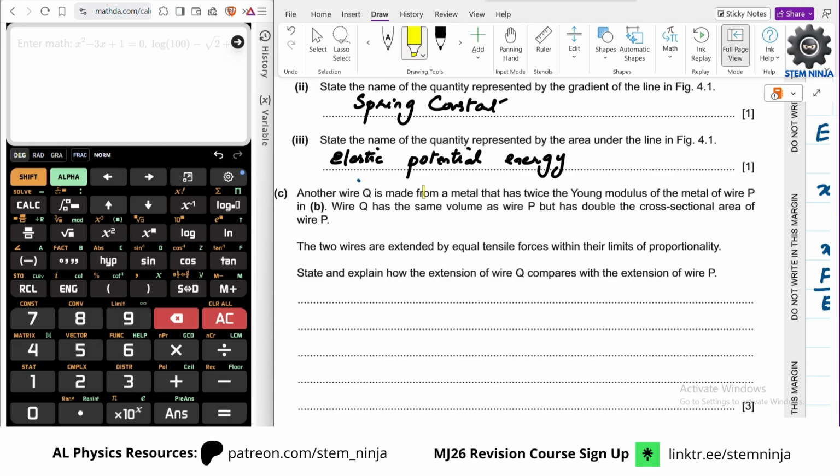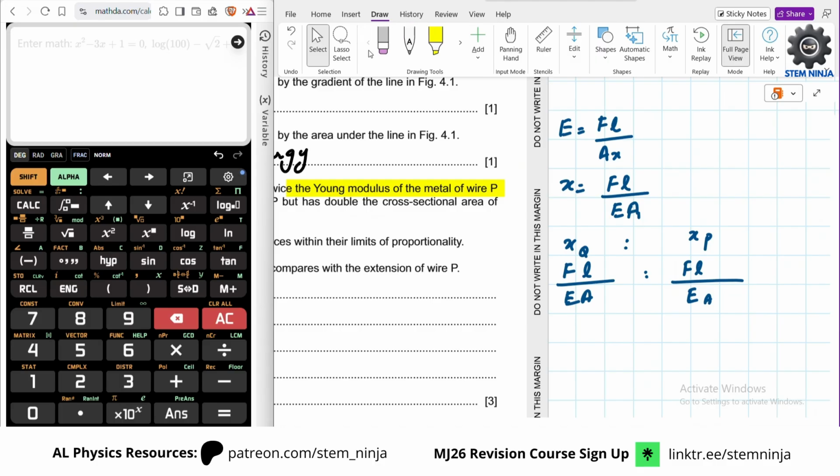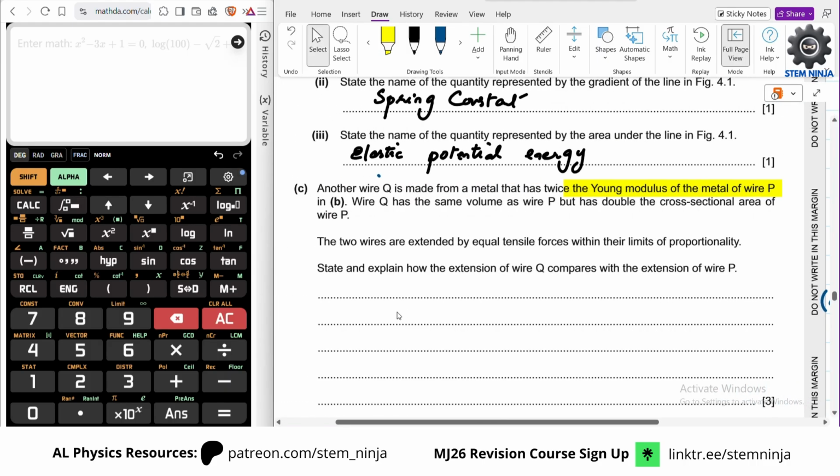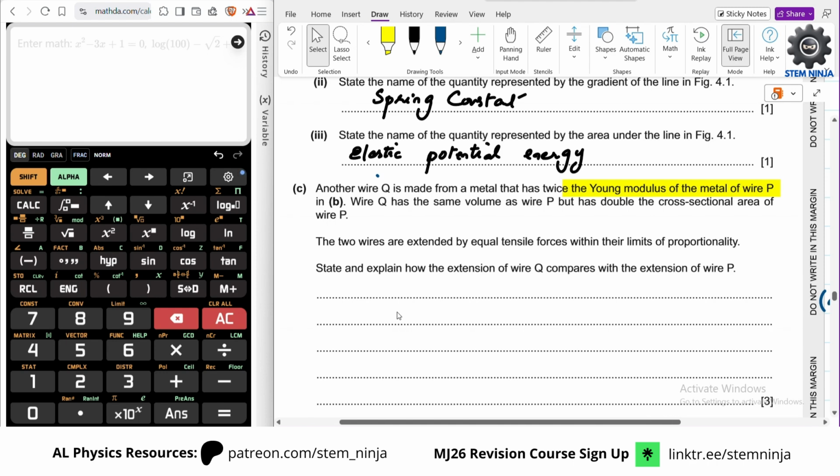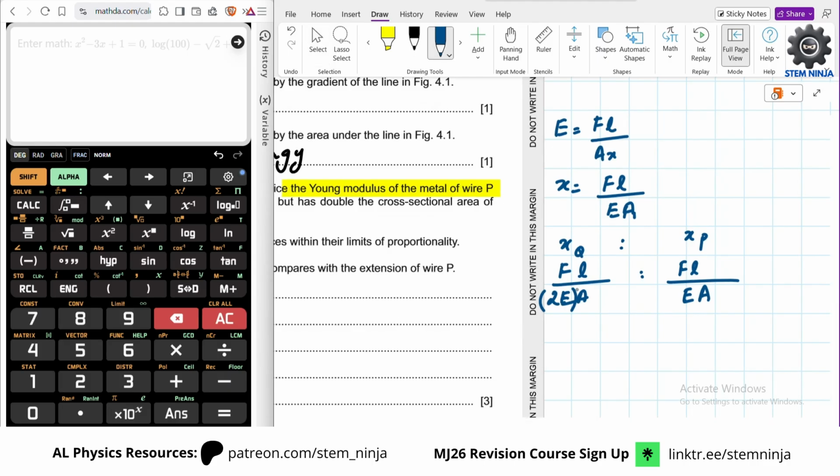Wire Q has twice the Young modulus of the metal of wire P, so for wire Q we write a 2 over here to say that this is twice that of wire P. Wire Q has the same volume as wire P but has double the cross-sectional area, so area is also doubled. Now it all comes down to length.